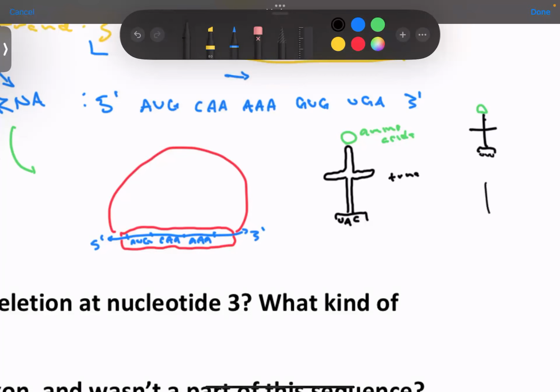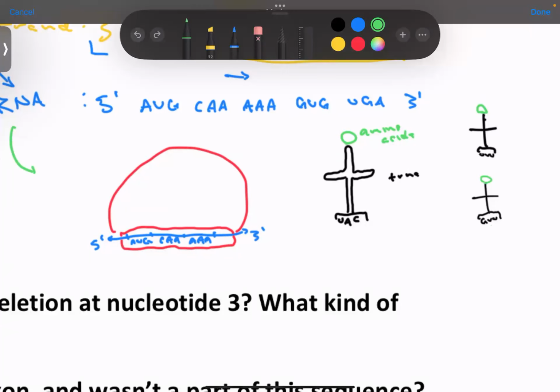And we have another one, let's say is GUU. So these tRNAs have RNA all throughout their body, and they also have a specific region where they have a set of 3 nucleotides.